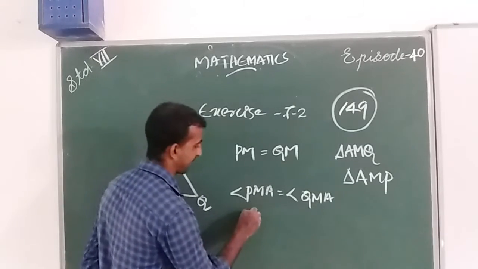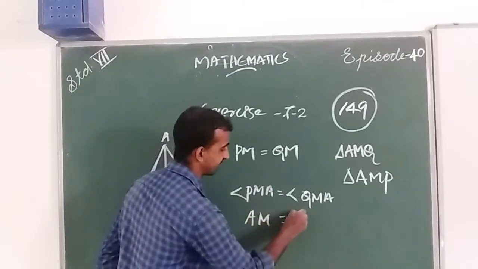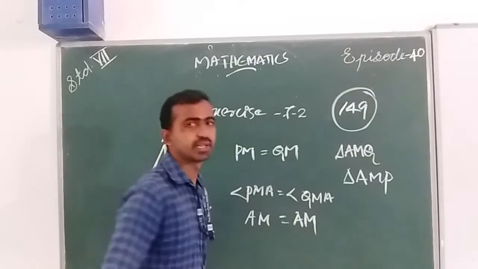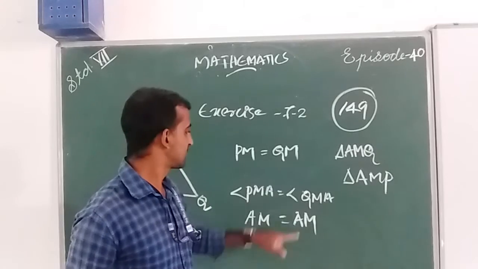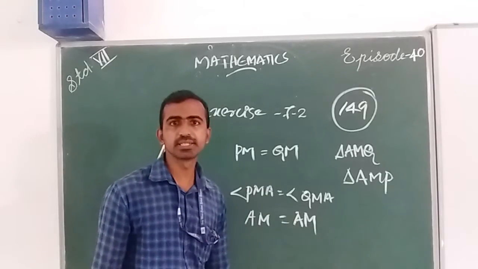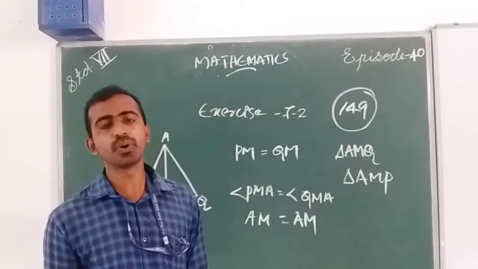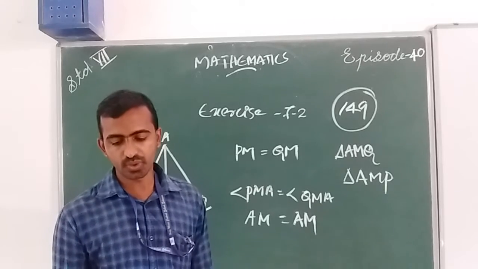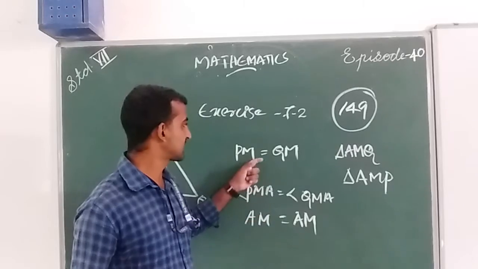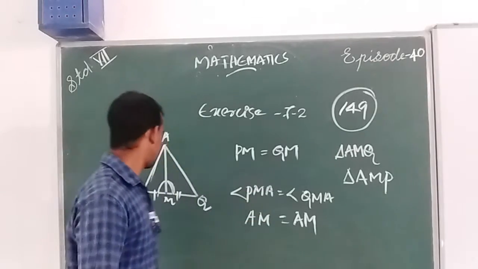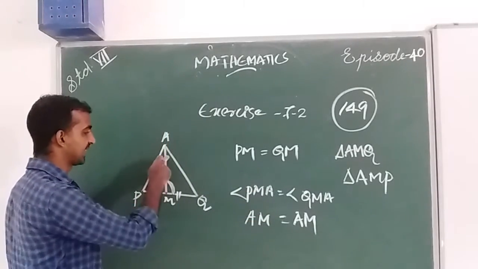And AM equal to AM. Why? Because common side. Yes, AM equal to AM, common side. So here we have two sides and one angle, that is PM and AM.